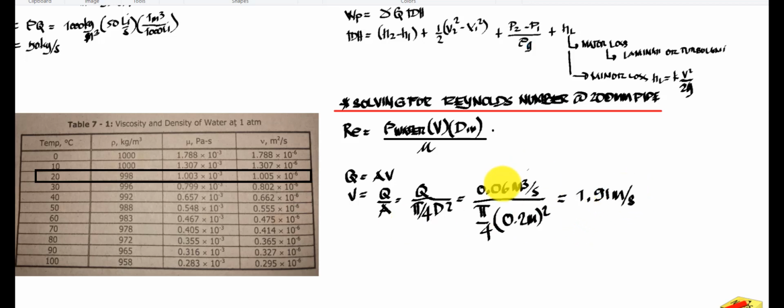So we can completely identify the values of the density of water, velocity, diameter, and absolute viscosity.